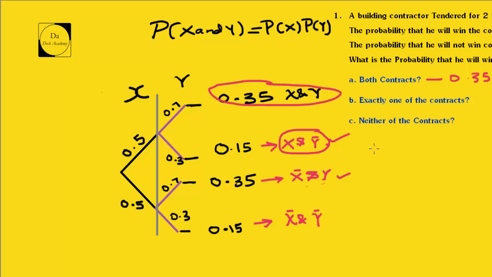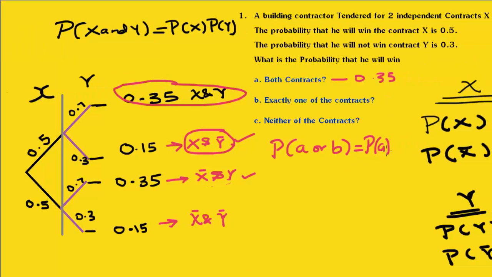And when you have a situation where you're saying the probability of an event or another occurring, and the events are mutually exclusive, i.e. they both can't occur, you just literally add the probabilities. So in such situations, you have the probability of A plus the probability of B. So what I'm saying here is the probability that he wins exactly one of the contracts is the probability that you have this outcome or this outcome.